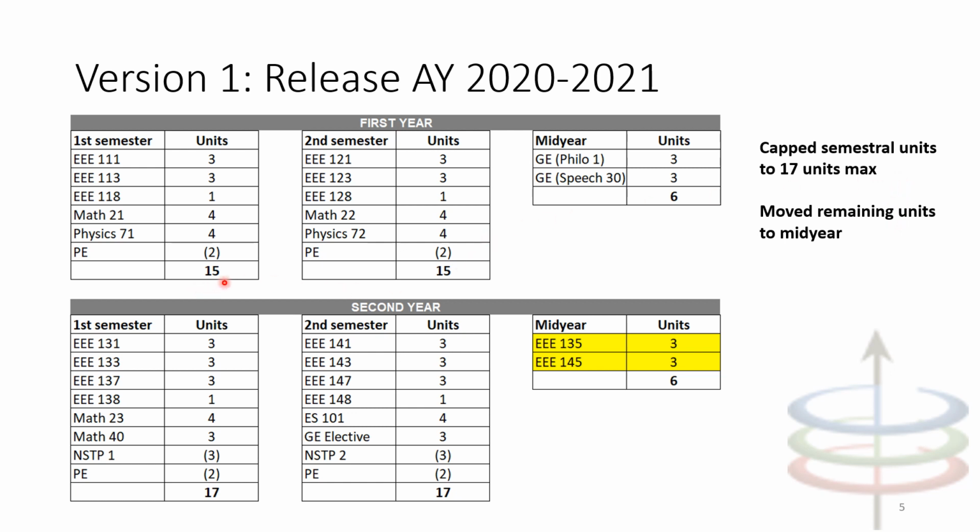So for first year, for example, instead of having 18 units, this was reduced to 15 units, and the extra units were moved to mid-year. For the second year, instead of having 20 units, it was reduced to 17. This time, EEE 135 from the first semester and EEE 145 from the second semester were moved to the mid-year.